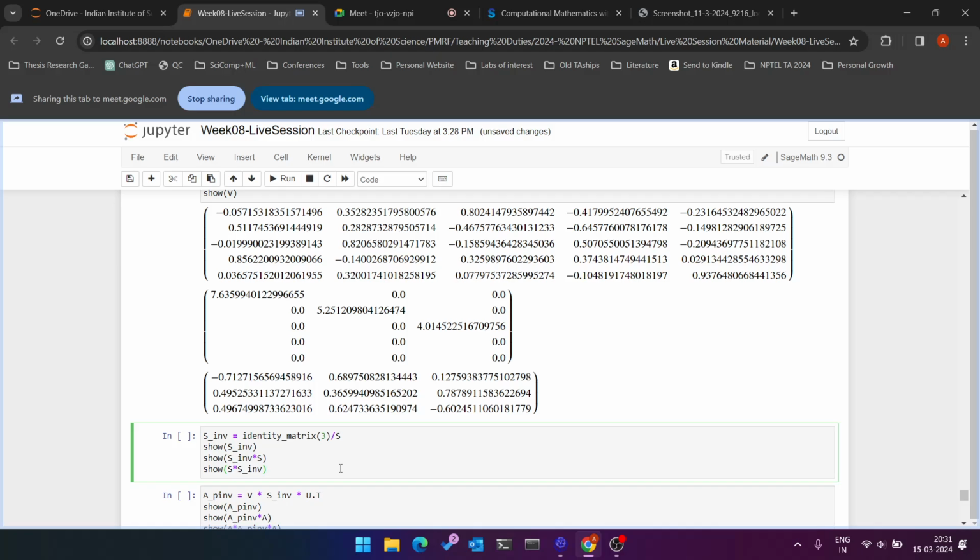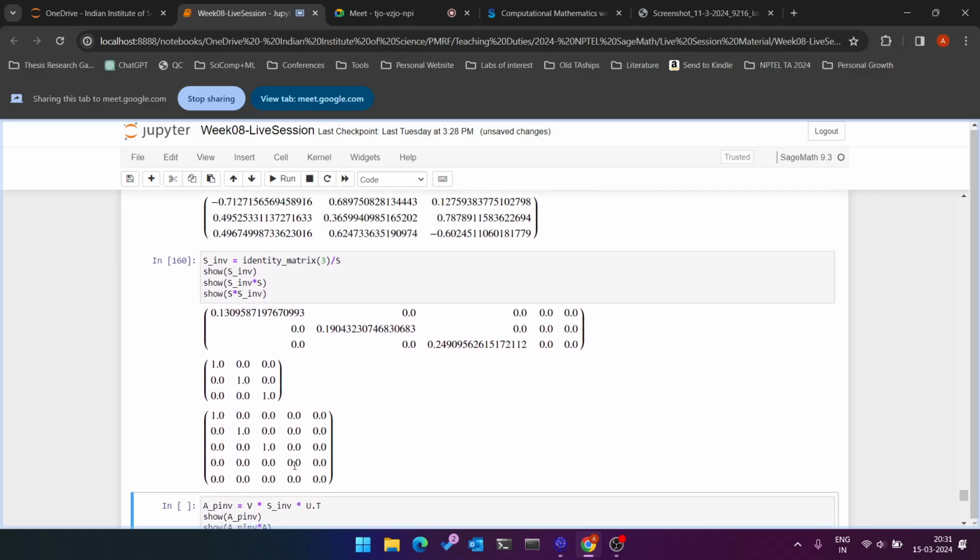and so just to check if that is the correct inverse, I am basically doing S inverse into S. So if I do S inverse into S, it gets me back the I3 identity matrix, and if I do S into S inverse, I get a diagonal matrix with the first 3 entries as 1 and the next 2 going to 0.